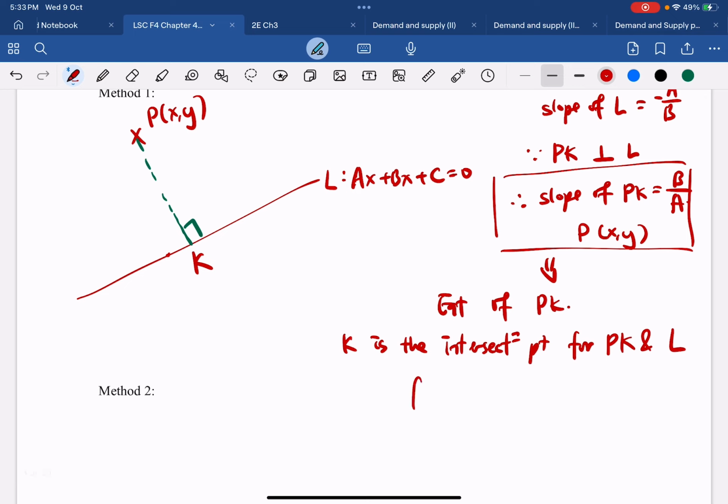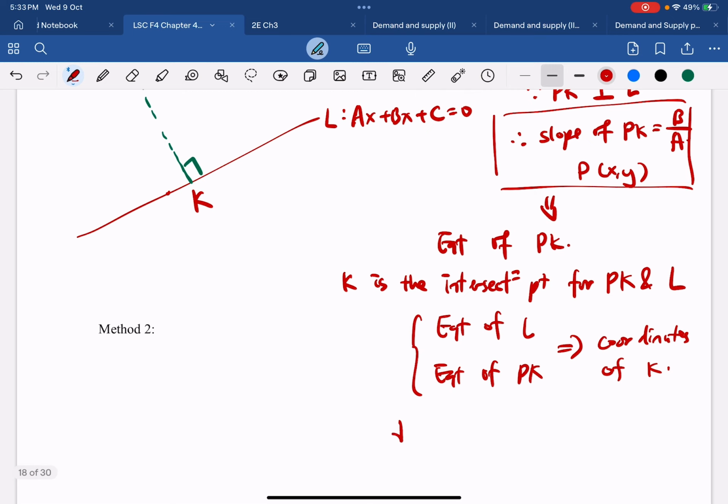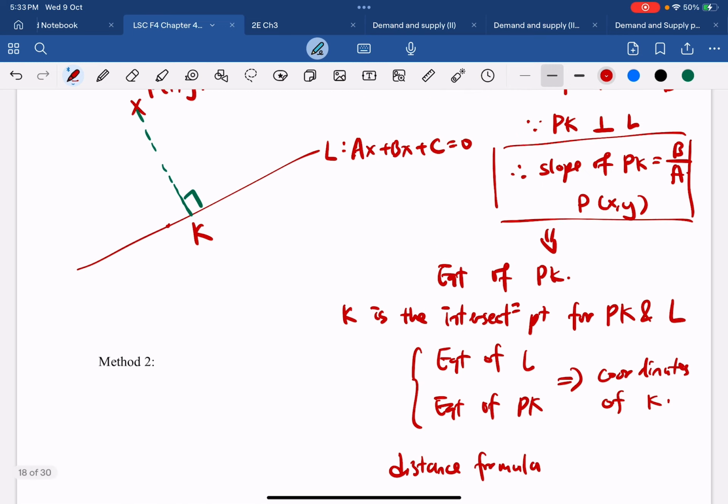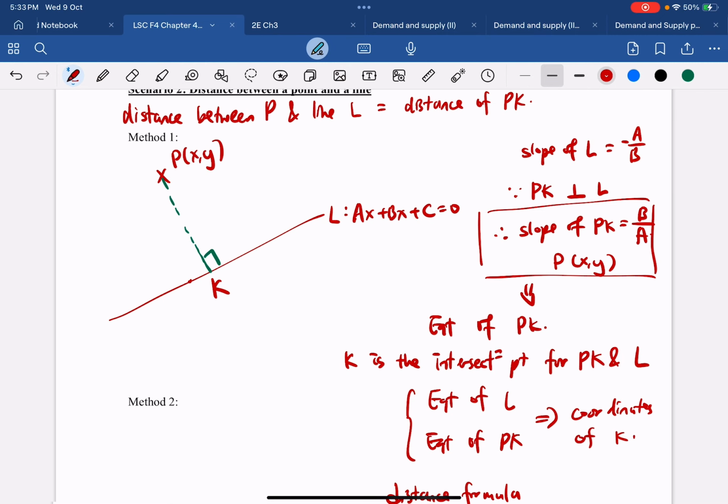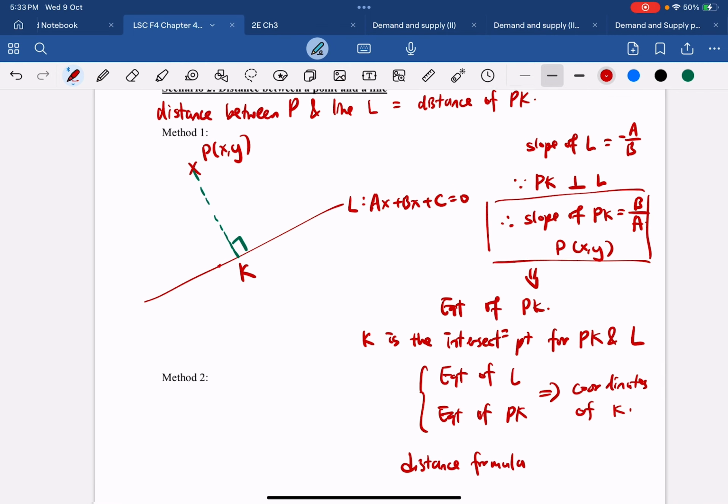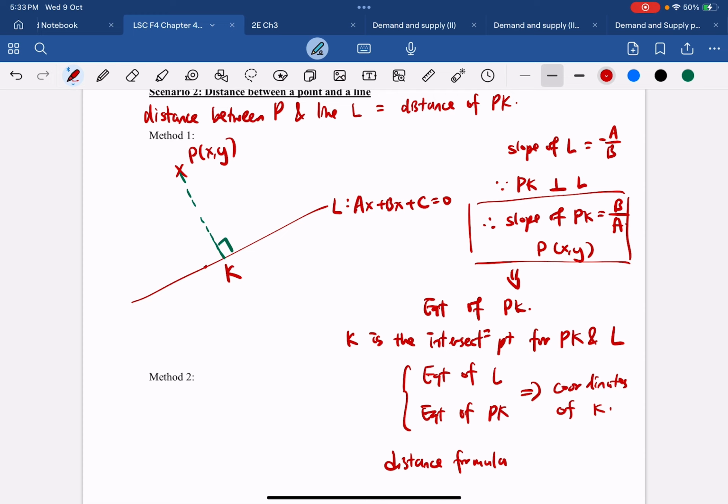We can set up a simultaneous equation between the equation of L and the equation of PK. Then we can solve for the coordinates of K, correct? When we have the coordinates of K, you just use the distance formula, then you can solve for PK. Then you get the distance between P and line L. Okay, that's the flow. I know it's abstract.